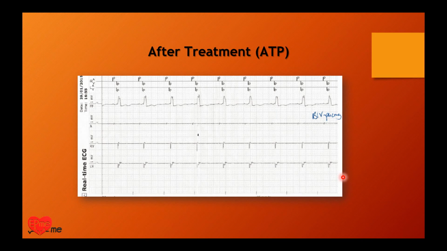So the defibrillator knows how to give a shock through the electrodes in the heart, or ATP. What is ATP? Anti-tachycardic pacing. How does it do it? If the VT, say, is going at 120 beats a minute, it will pace the ventricles at 140 beats a minute.